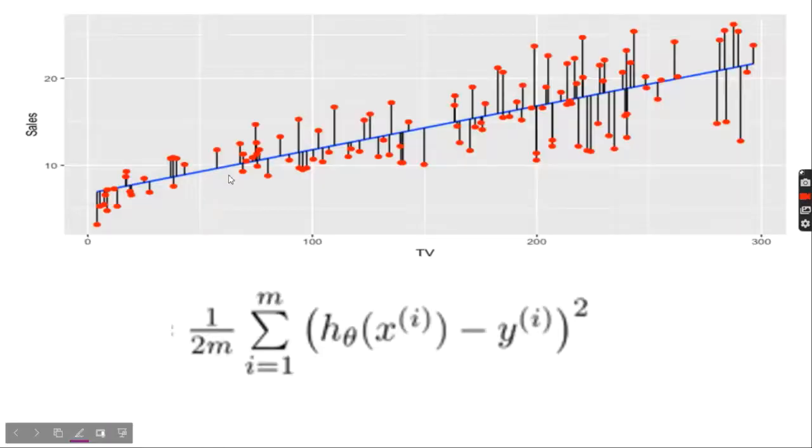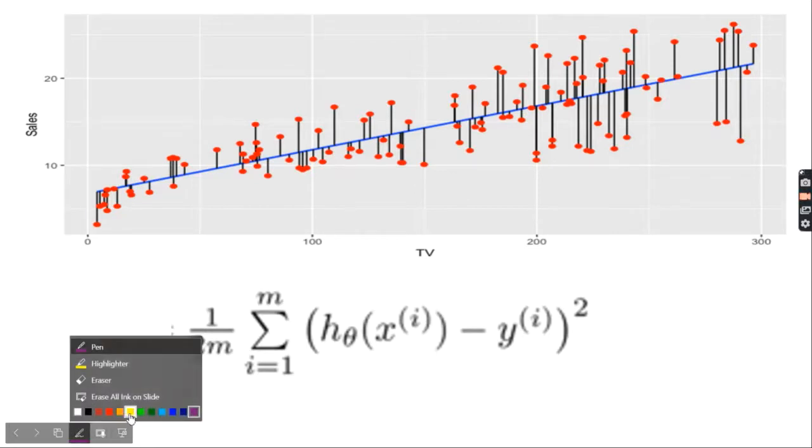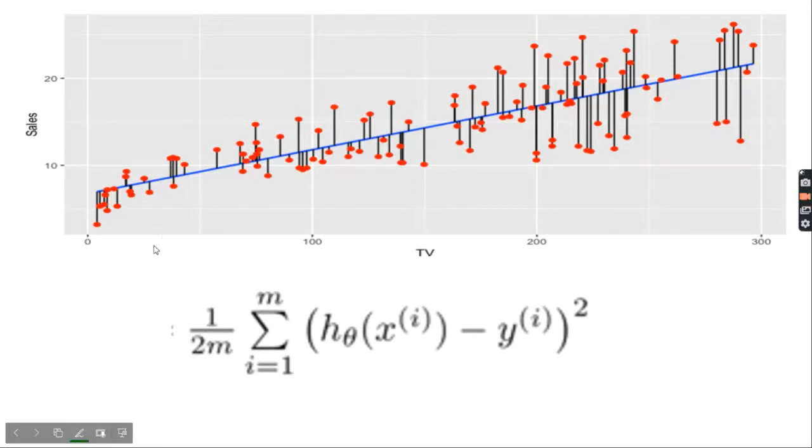So cost essentially in this case is, if I had to ask you, how do you judge whether this model is a good one or not? Is it a good model or a bad model?